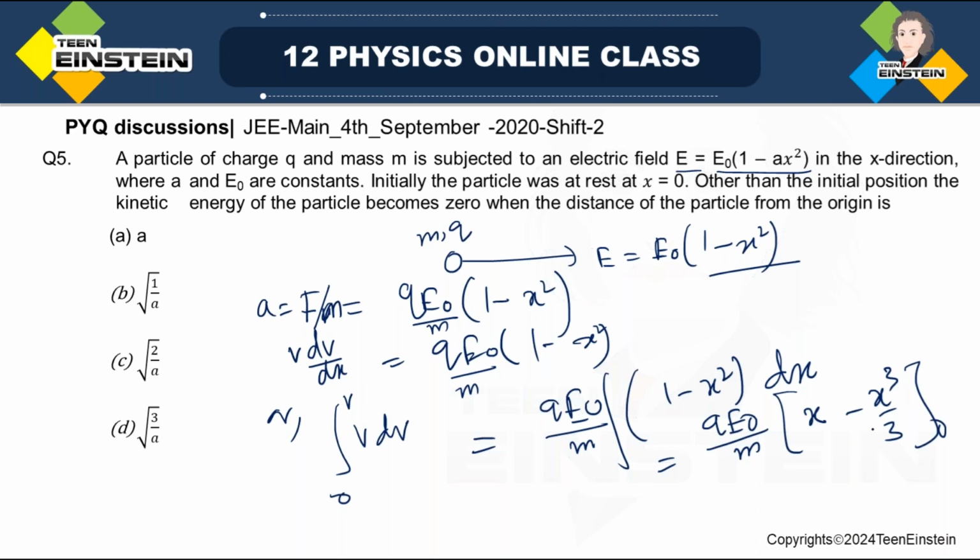So this is the force. Here you look, this is v square by 2. V square by 2 is equal to this one.